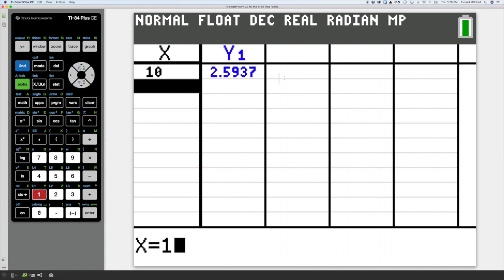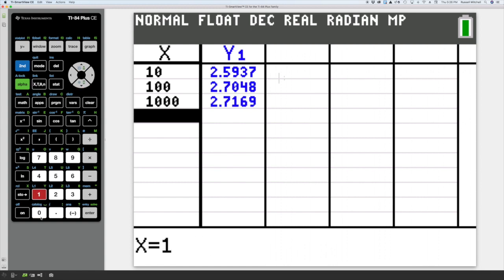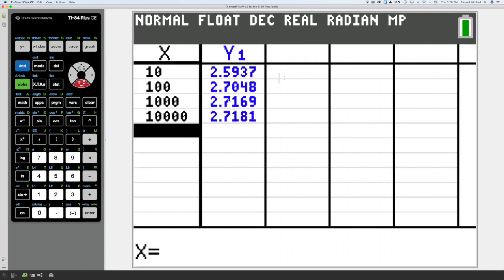So 10, 100, 1,000, 10,000. And you start looking at this, and all of a sudden these two are the same to two decimal places. Both the tenths and the hundredths place are the same.